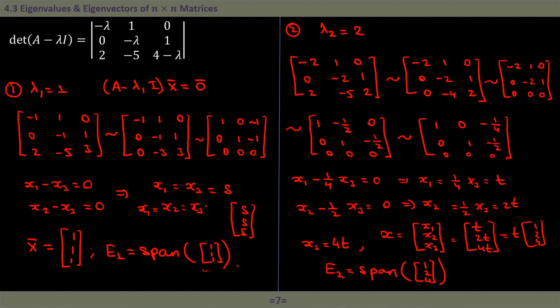So this geometric multiplicity is 1. And here, the geometric multiplicity of 2 is 1. And how about the algebraic multiplicity of eigenvalue 1? That is 2 because it appears 2 times. And here, the algebraic multiplicity of 2 is only 1 because it appears once.